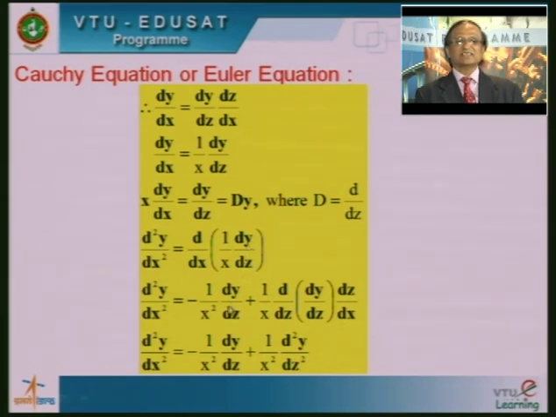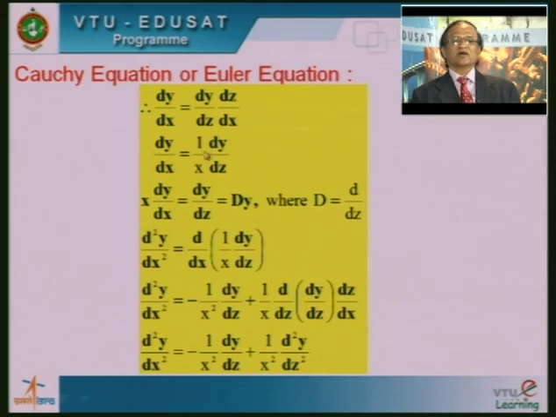So, dy by dz as it is, plus I will keep 1 by x as it is, into derivative of dy by dz. So, d by dz of dy by dz into dz by dx. Left hand side is as it is, minus 1 by x square into dy by dz plus 1 by x square into d square y upon dz square.